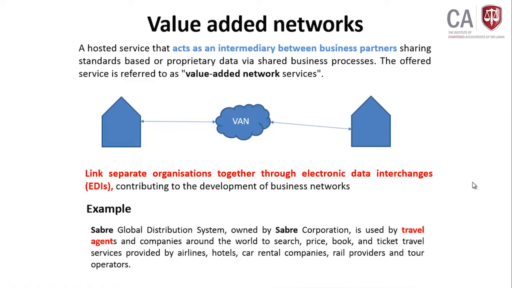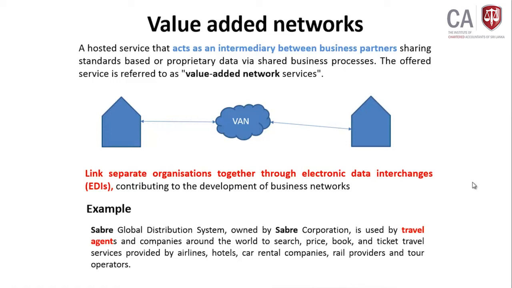As an example of a value added network, you may have seen a travel agent. They have developed their own system, and that system will contact some other common system, let us say Sabre Corporation and Global Distribution System.